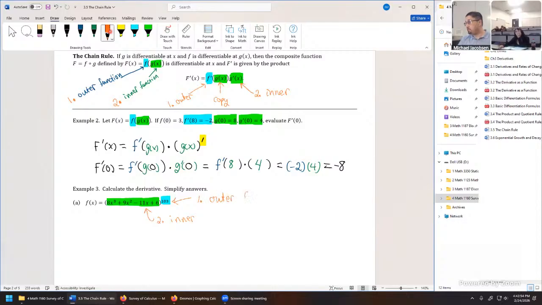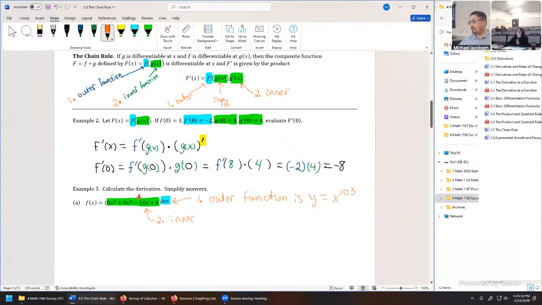The outer function is y equals x to power 103. We certainly know how to differentiate that. 103 comes down as a coefficient in front. The new power is 1 less, 102. But it's not just x on the inside. This is why we're using the chain rule.